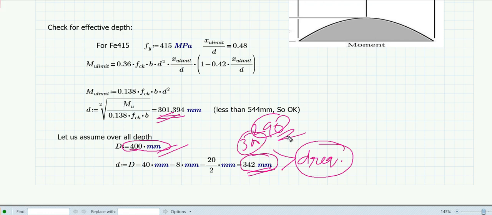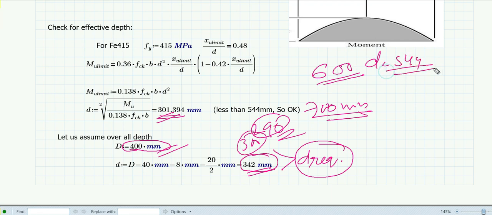It will fail. Suppose in our calculation we got 700 mm, and we had previously assumed 600 mm, or effective depth we had assumed to be 544 mm, and here the D required becomes more than the D provided. In that case you might have to increase the depth.